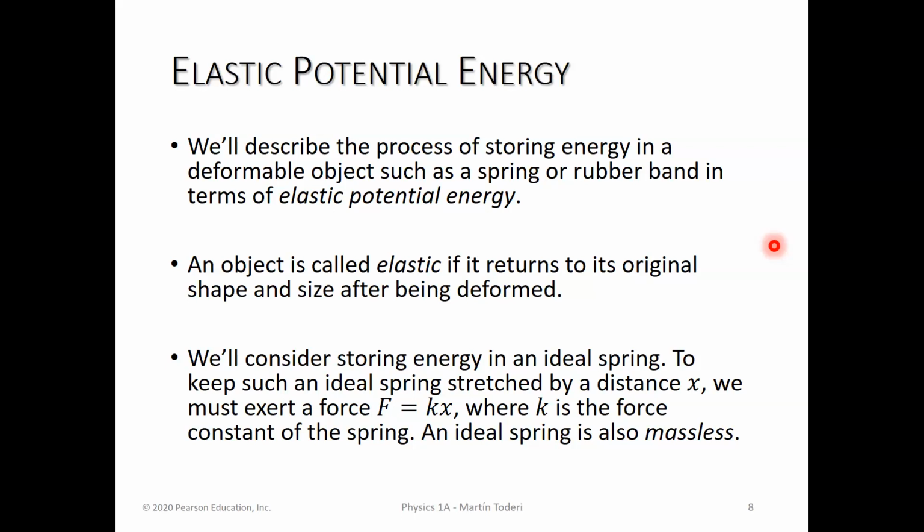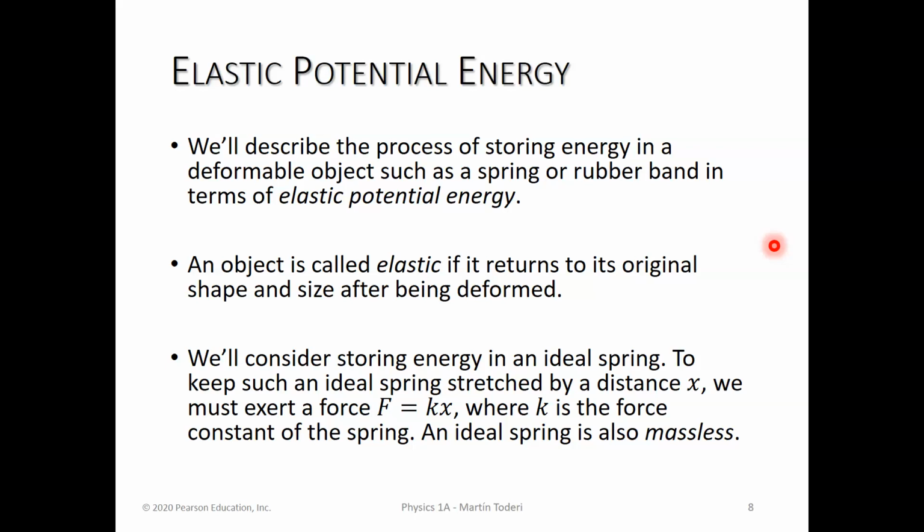And this would be done in terms of the elastic potential energy. As we said before, the potential energy is defined by the coordinate that the object is occupying in space. So the elastic potential energy would be related to some elastic force, right?